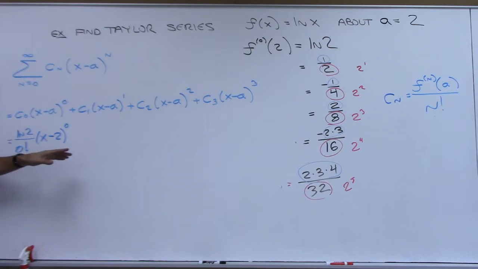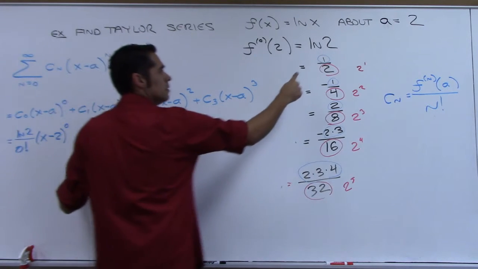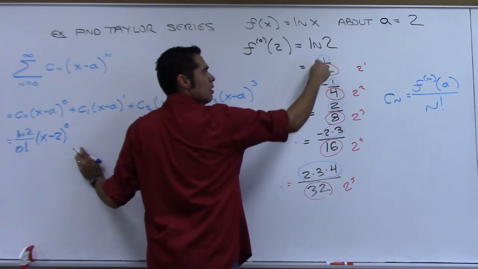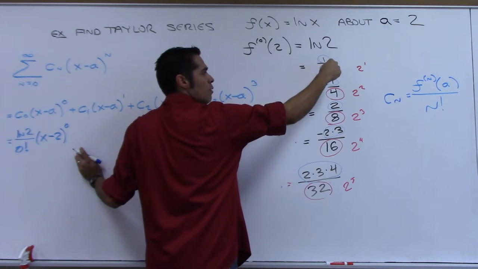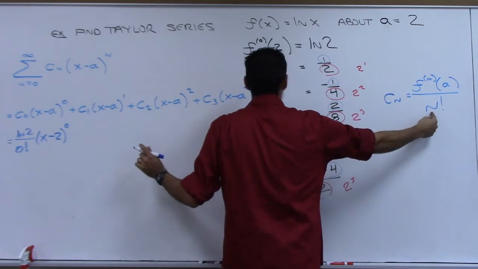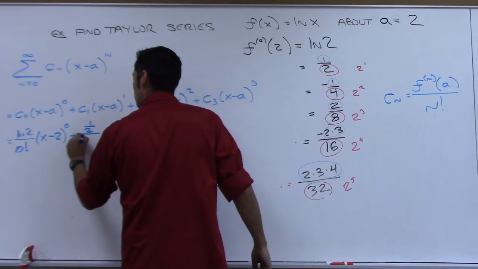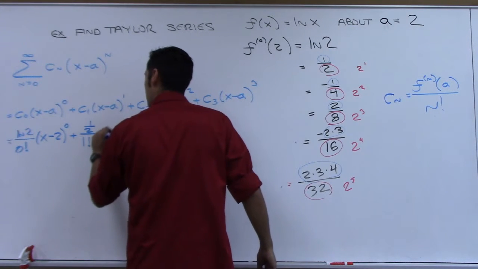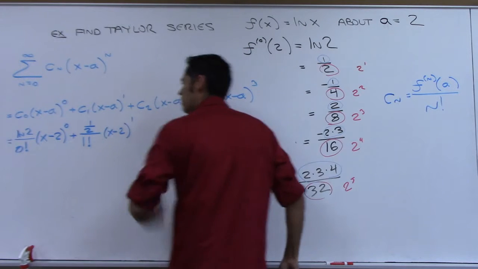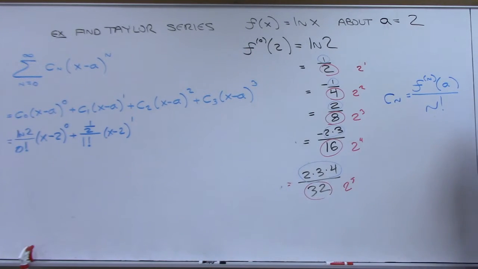Can I go on? What's c sub 1 for us? It's this number, 1/2, right? Over 1 factorial, x minus 2 to the first power. What about the next one?